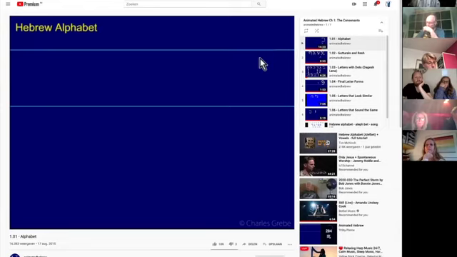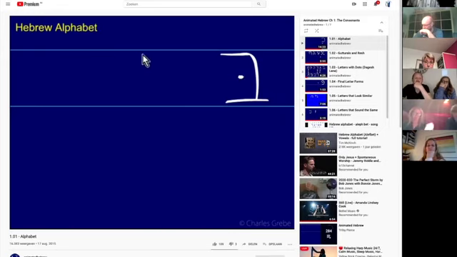The second letter is Beit. And Beit is written like this. Now, Beit is one of the letters in the Hebrew alphabet that can take a dot. It's a bit bigger. So let's write it with and without the dot. This dot is known as a dagesh, and it changes the pronunciation.